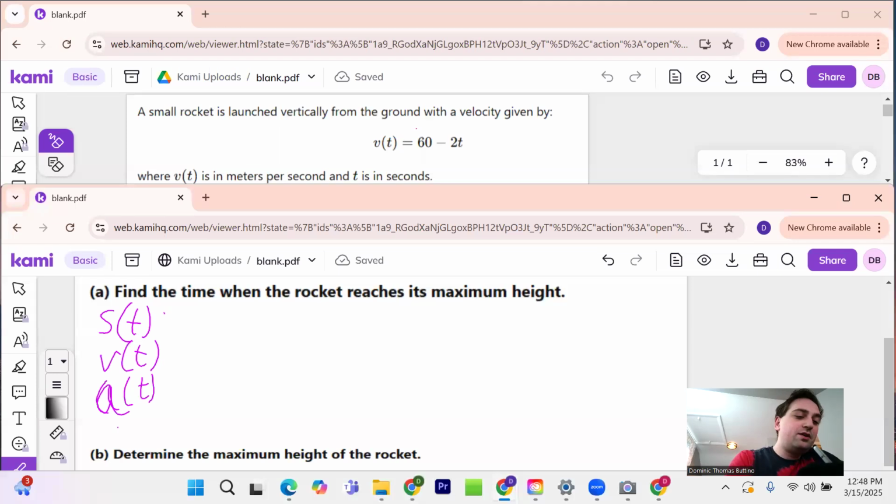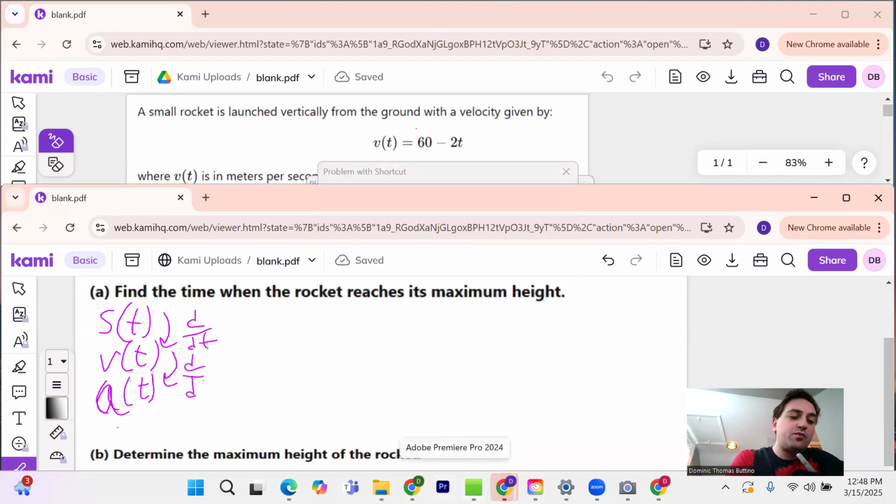So if you take the derivative of each of these, you will get the next function. And similarly, if you take the integral of each, you'll get the other one. The integral of a of t is v of t, and the integral of v of t is s of t. So they go hand in hand with each other. So let's find that time.